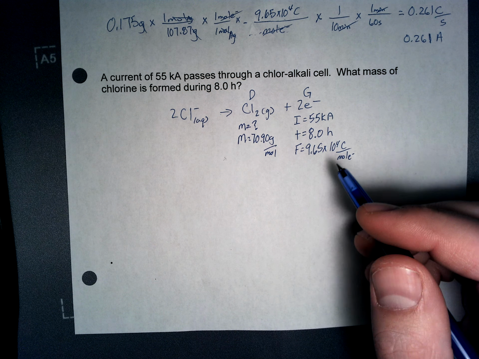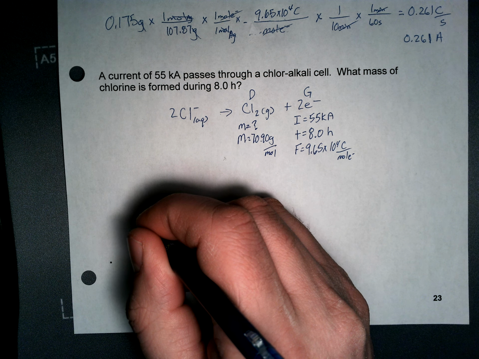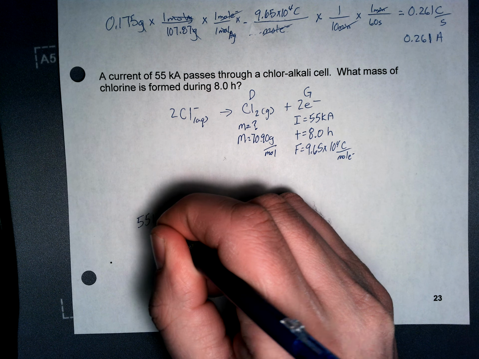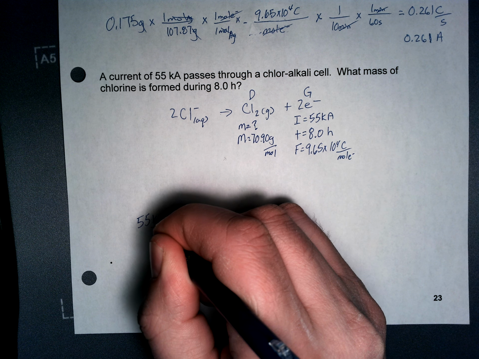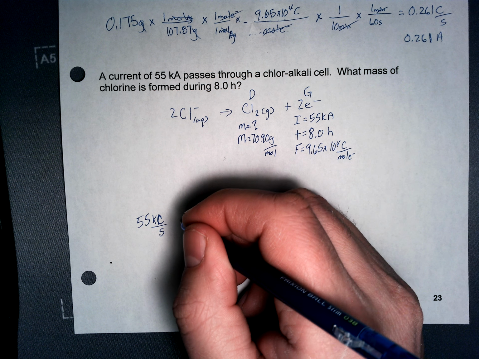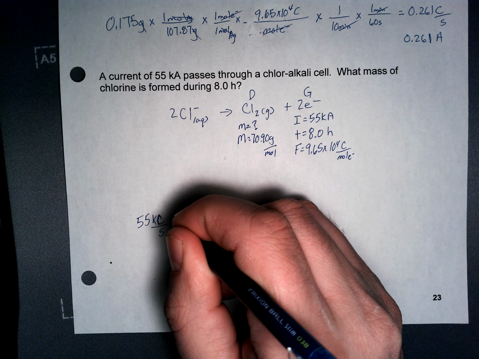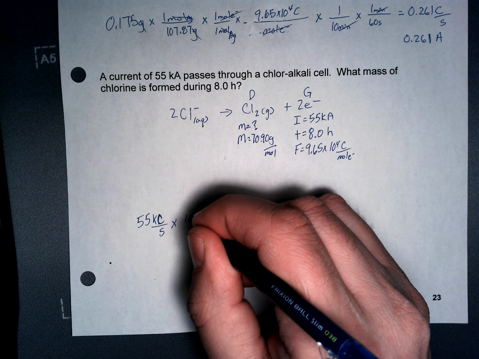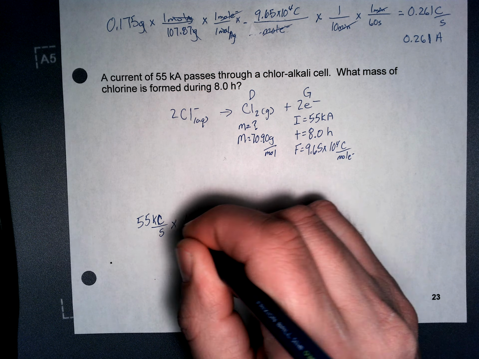So we'll start with what we're given, let's say I. So we have 55 kiloamps, or kilocoulombs over seconds. We're going to times that by 1,000 coulombs in a kilocoulomb.